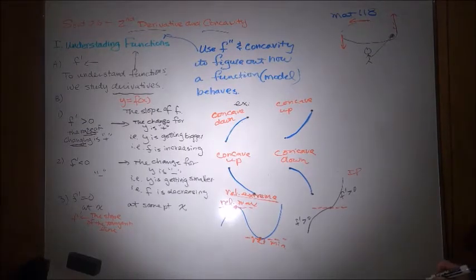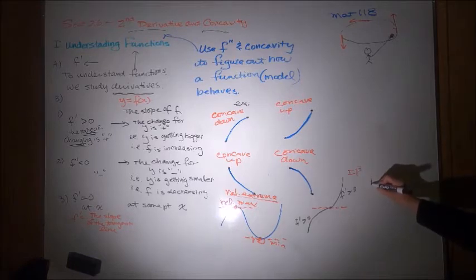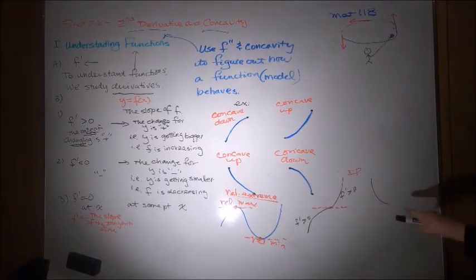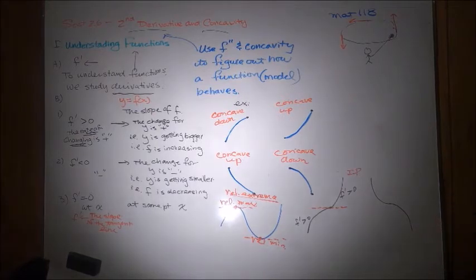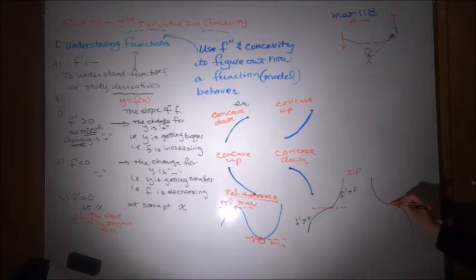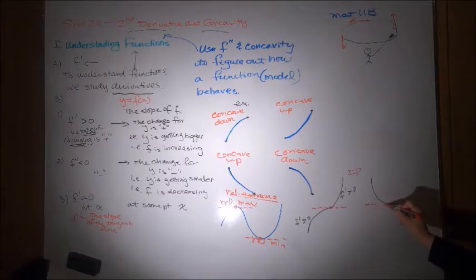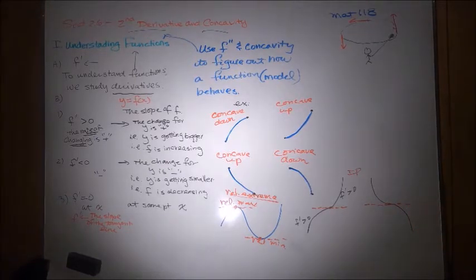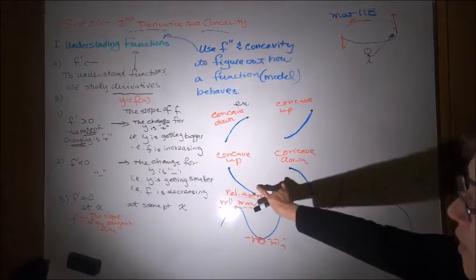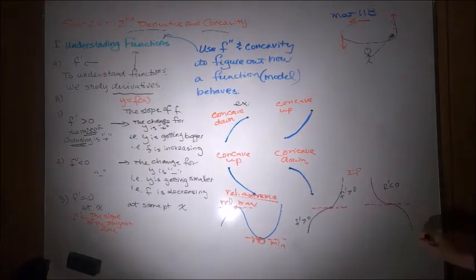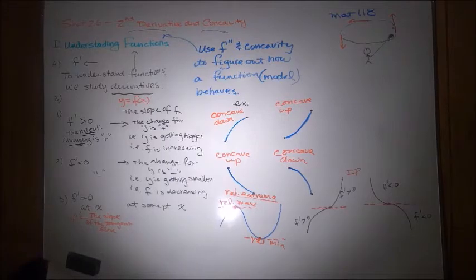Another situation is like this. If you have a curve going like this and you throw a rock out, the rock will fly level. Then at this point, the tangent line is 0. But on this side, F prime is less than 0, and on this side, F prime is also less than 0.